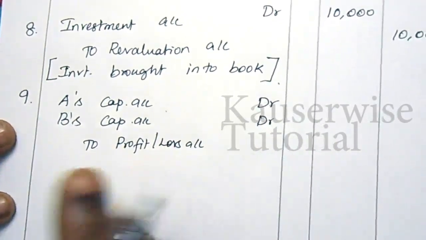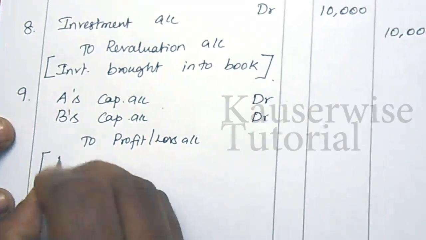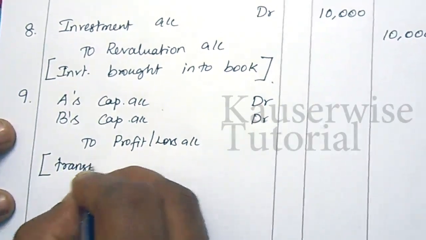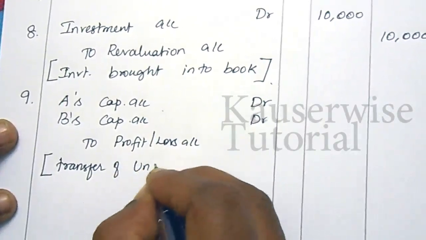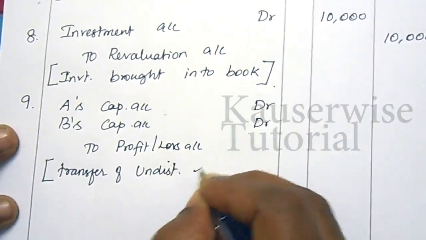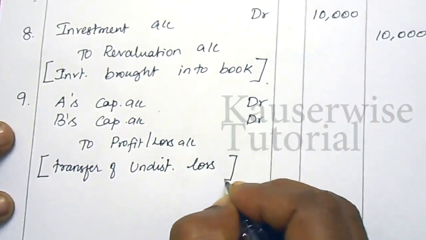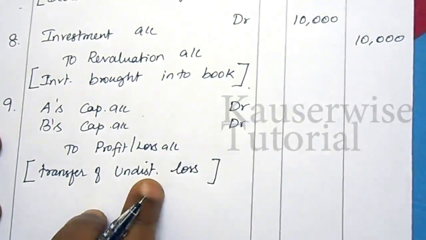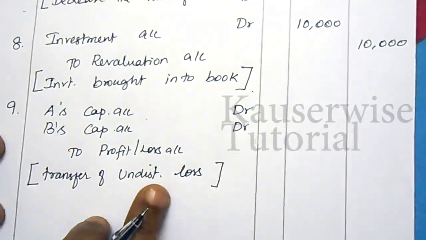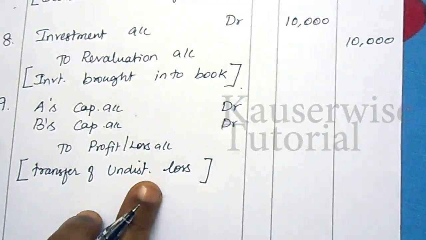It is a loss. Okay. So narration: transfer of undistributed loss. The undistributed loss is transferred to old partners' capital account according to their old profit sharing ratio.